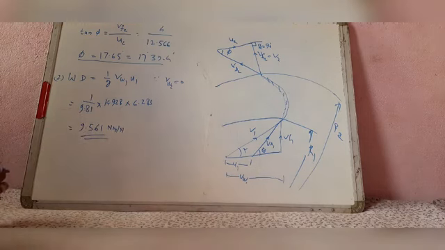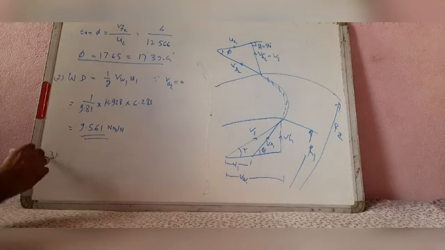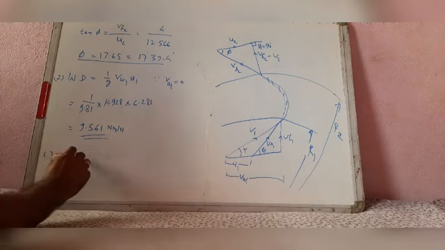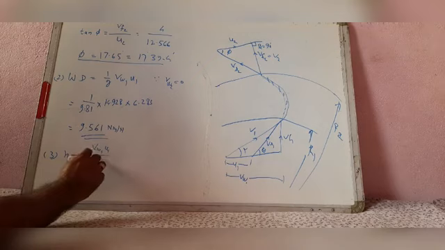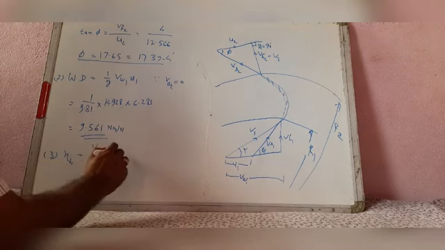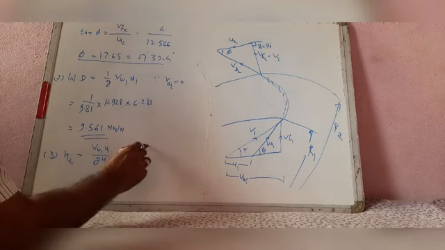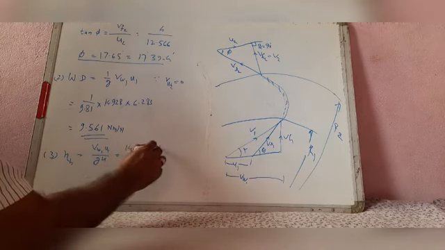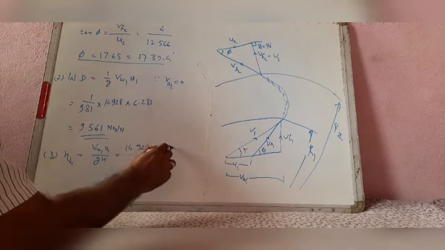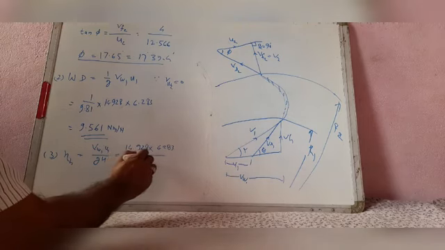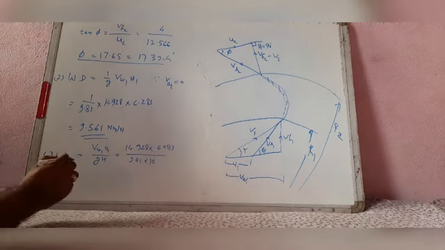Next, hydraulic efficiency. Hydraulic efficiency equal to Vw1 U1 by gH. Putting the values here, 14.928 into 6.283 by 9.81 into H is 10.